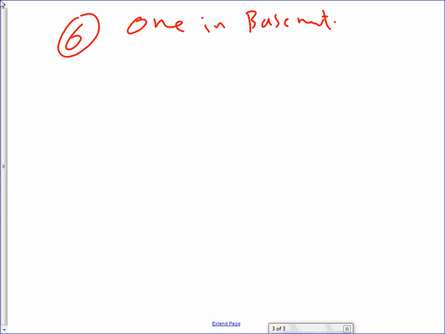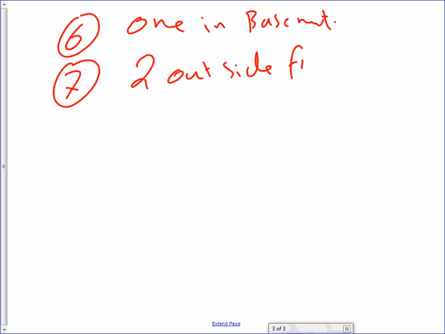You have to go to the unfinished part and put one receptacle. Number 7, outside, front and back. The code requires you to put one receptacle in the back of the house and one in the front of the house. Done.